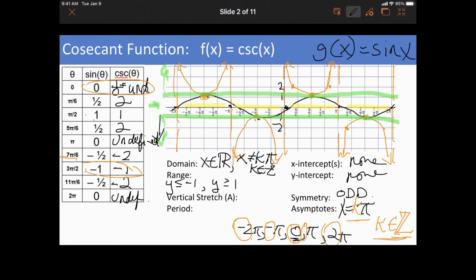So we're going to talk about the vertical stretch. So it's going to be that A that's in front here, which is 1, and our period, like sine, is also 2 pi. So when we're talking about one full period, for cosecant, it's here. So that's one full cycle, one period.